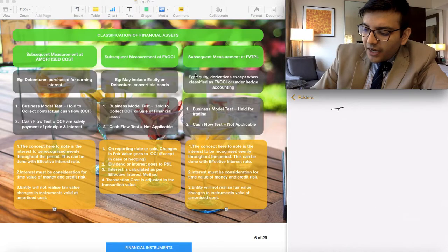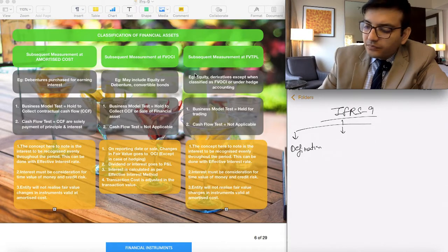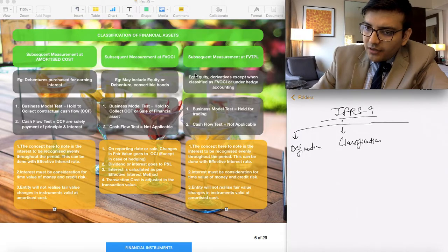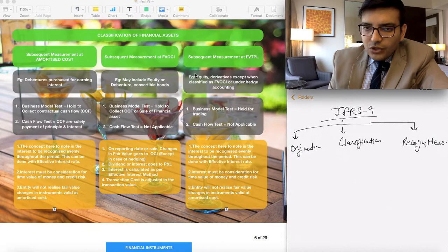So basically in IFRS 9, first we have gone through the definitions, right? Now we'll go for what is the classification criteria in IFRS 9, right? Number 3 will go for recognition and measurement, and last we'll go for the disclosures.